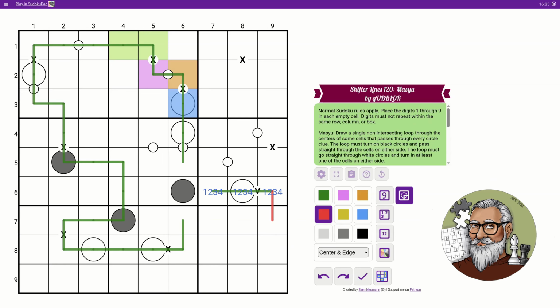This is not possible because where do I go from here? Am I missing something? I don't think so, because the shortest route is already 3. So this is not possible. Okay, so we have to go up. And if we go up, we have to turn as well, because these are either both are or not.